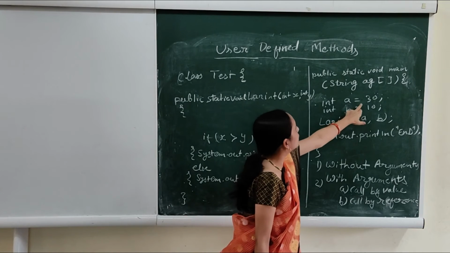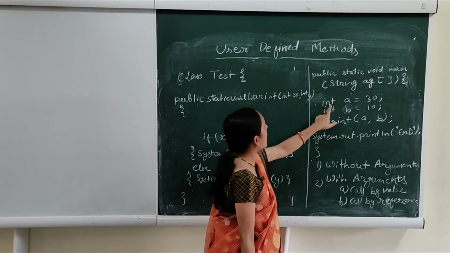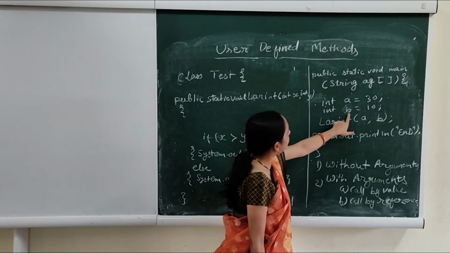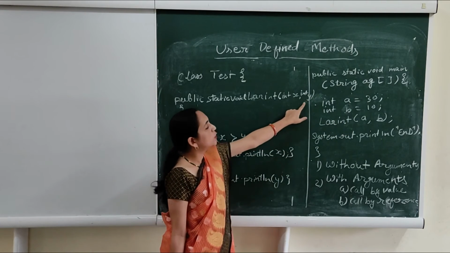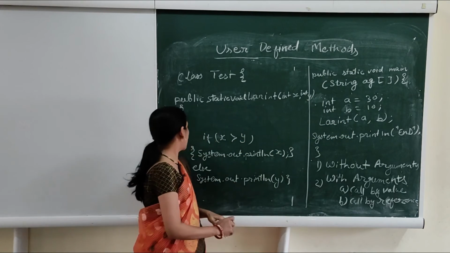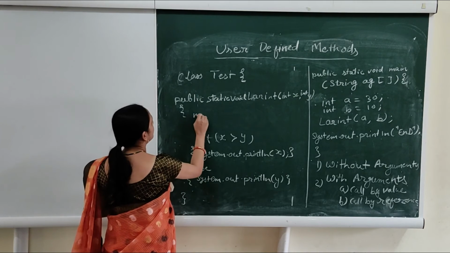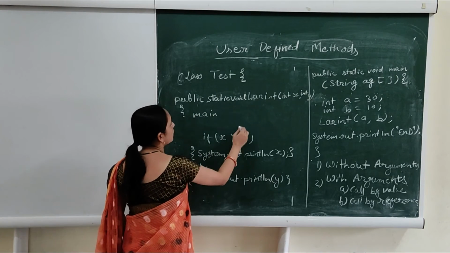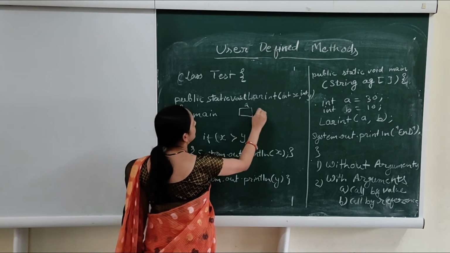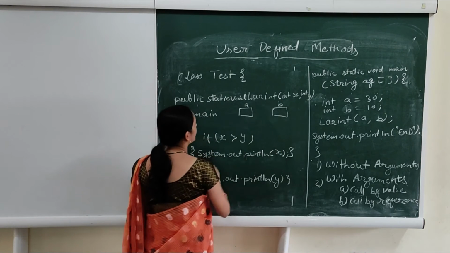Here, the a variable's value will be copied to x, and the b variable's value will be copied to y. I am showing you here. Suppose this is your main method. These are the variables of the main method: a variable and b variable.